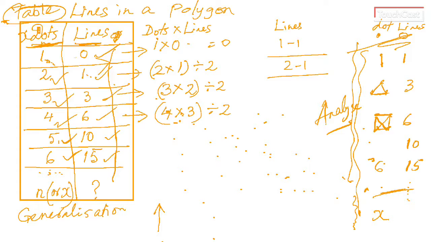Look at this second one, which is far better. 2 times 1, that means number of dots, which is 2, times 1 less than the dot, that means 2 minus 1 is 1. So if I think about the number of dots and times it by 1 less than the total number of dots, which is 2 minus 1 for this one, which gives you 1.